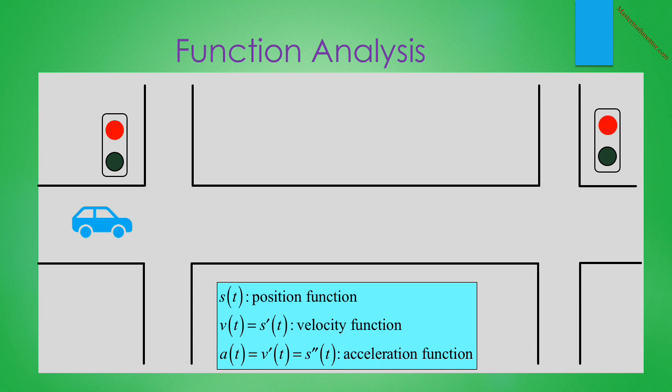It talked about how fast you were traveling and in what direction you were traveling. We also had a of t, which was the derivative of the velocity function and the second derivative of the position function. It referred to acceleration. It referred to how fast the velocity was changing.